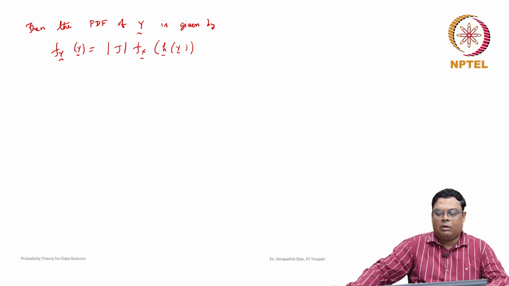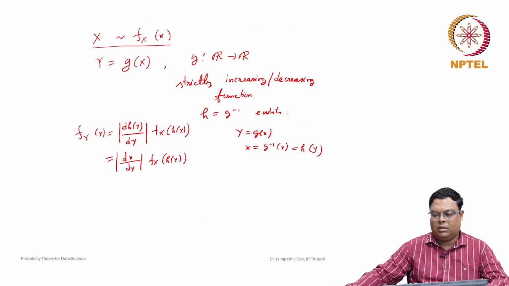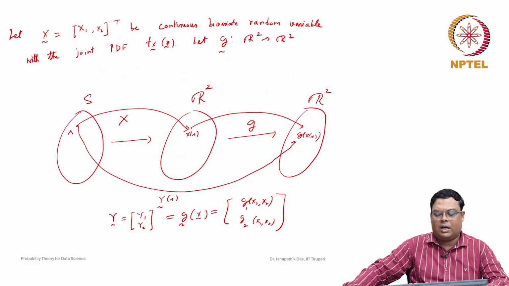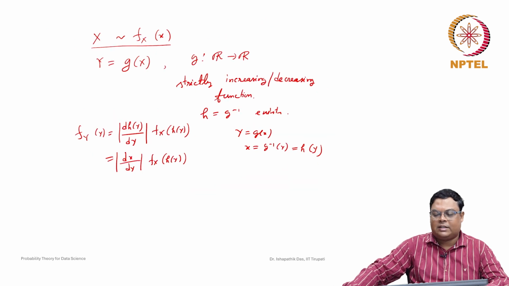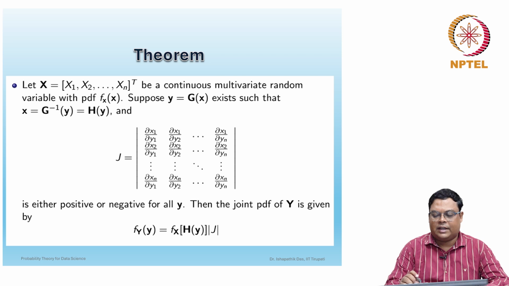So this is the theorem. I have just discussed it for a function of two variables, the bivariate random variable case, but it can be extended to n variables. Let X = (X1, X2, ..., Xn) be a continuous multivariate random variable with probability density function f_X.